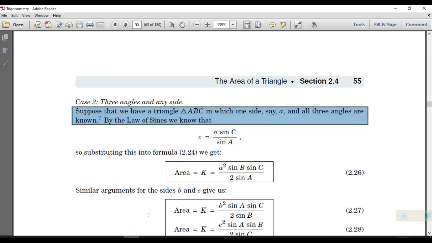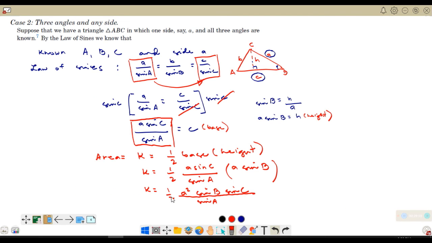Huwag nyo kakalimutan yung 1/2 nyo dito. May 1/2 pa tayo. Pasensya na kayo kung medyo magulo yung ating board. Dito ko na siya isusulat, ha? So, i-times na natin si 1/2 with our combined base and height.